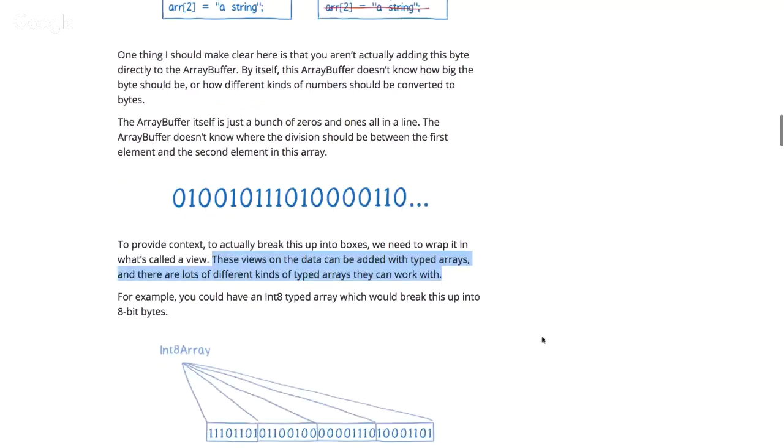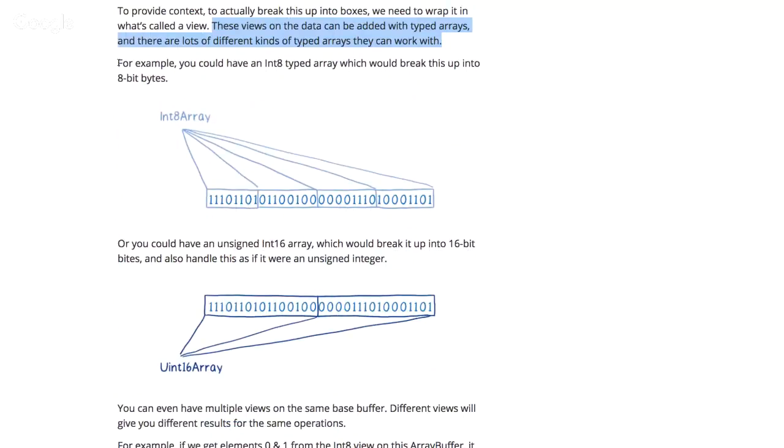They give an example. For example, you could have an int8 typed array, which would break this up into 8-bit slots. So if your array buffer is viewed as an int8 typed array, at the boundary, each slot is 8 bits. int8 is nothing but an 8-bit byte, so it will break it down at the 8-bit boundary.